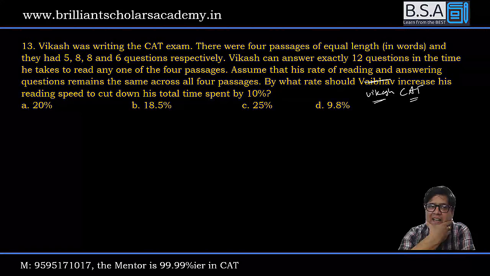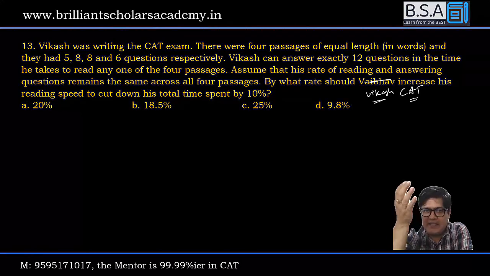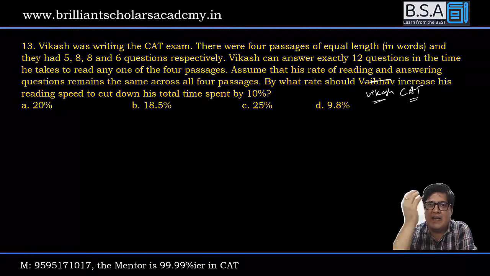Vikash was writing the CAT exam. There were 4 passages of equal length in words. Vikash is reading passages in the CAT exam, meaning he is doing RC. The 4 passages of equal length had 5, 8, 8, 6 questions respectively. Vikash can answer exactly 12 questions in the time he takes to read any one of the 4 passages.